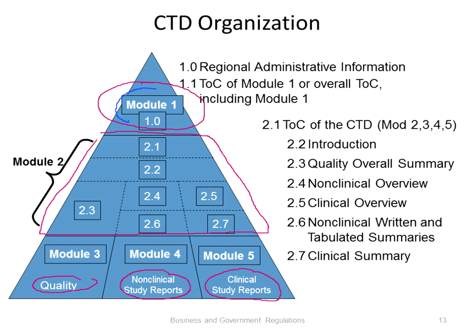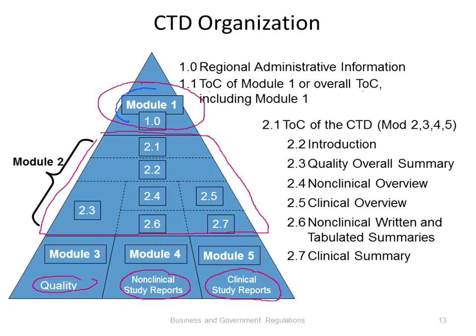module 1, of course, has general information. So module 1 is going to have regional administrative information, table of contents for module 1, and overall table of contents.